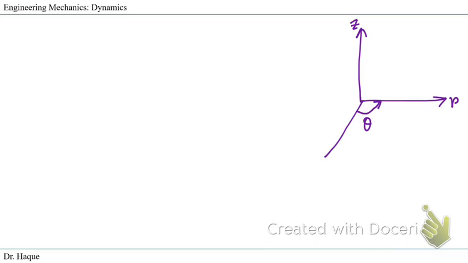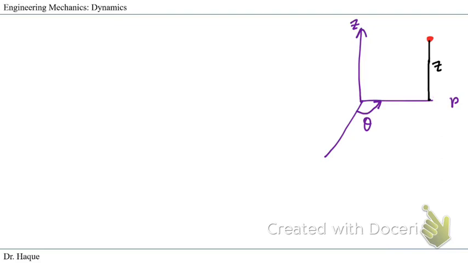And if we have a particle up here, now we can define the coordinate system like this.